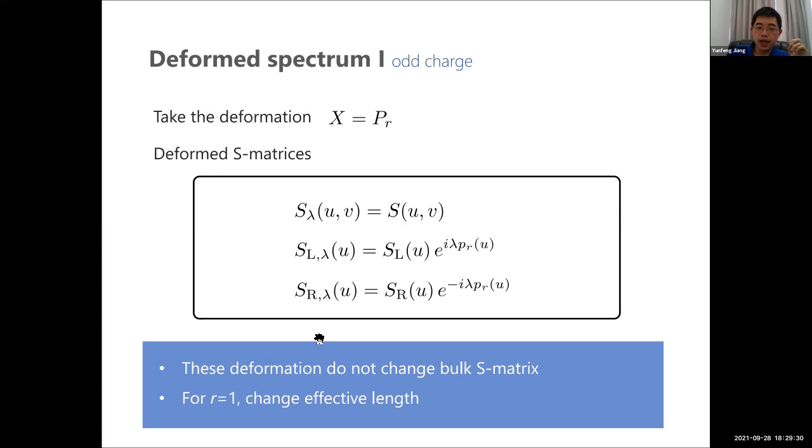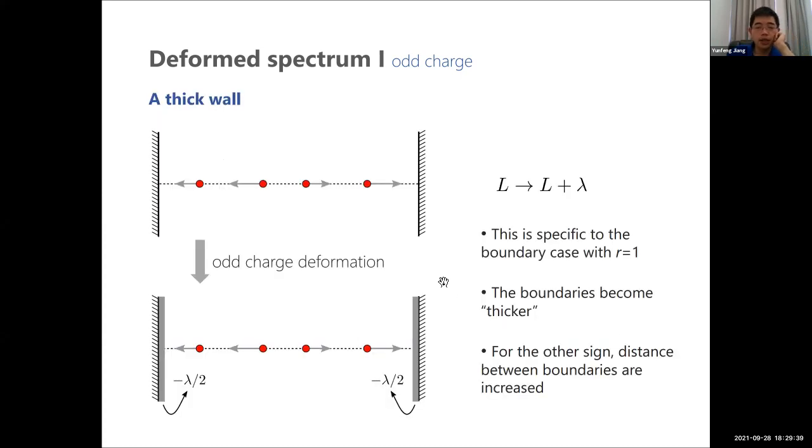So again, in this case, if you take R equals 1, namely if you take it to be the momentum, it's a special case, because in that case you find the deformed Bethe equation is just the undeformed one with L shifted by the amount of λ. And so in this case, we have this funny thick wall picture. Namely, the boundary becomes thicker by the amount of minus λ divided by 2.